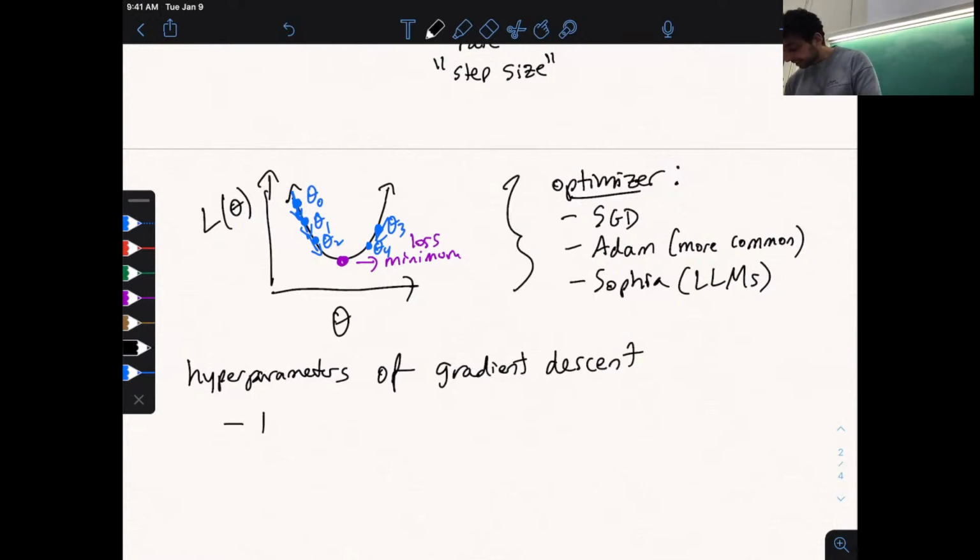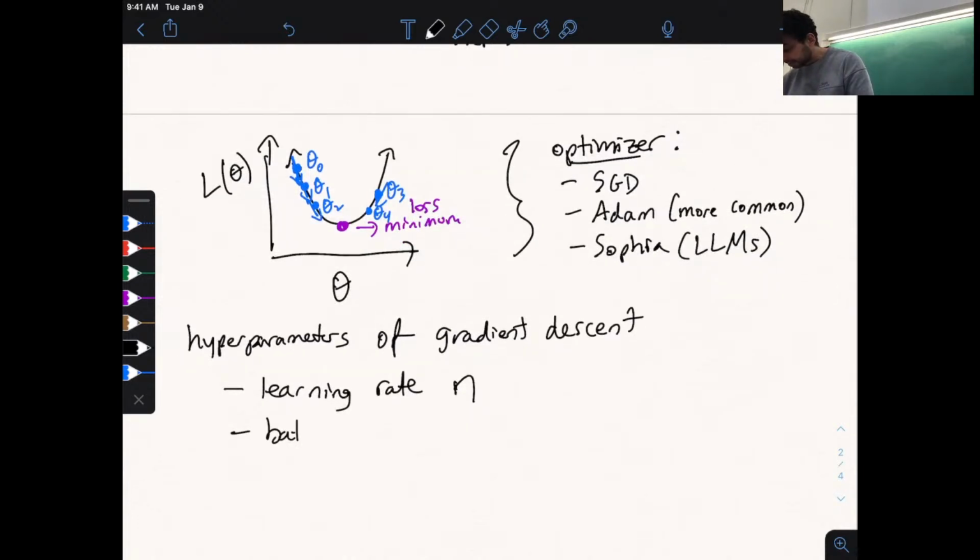Yes, the learning rate, this eta term here, is something that you might set beforehand. Maybe there's an optimizer that can dynamically update it, but you still usually choose some initial learning rate to start with, and that matters a lot in terms of how your optimization process unfolds. What are some other common hyperparameters? Raise your hand. Yes. Right, the batch size is a critical hyperparameter.